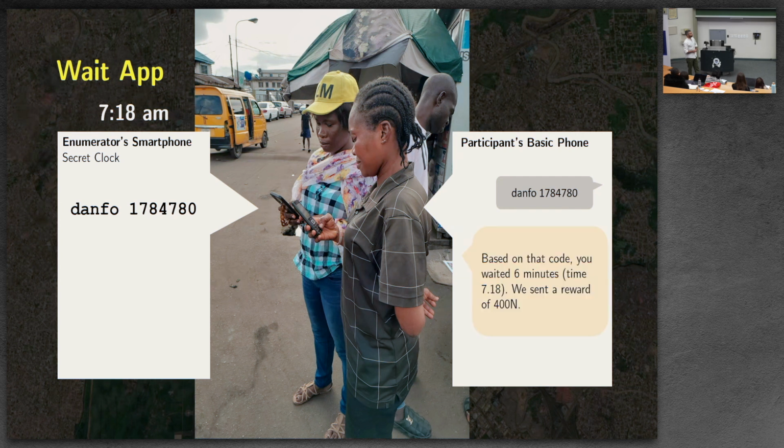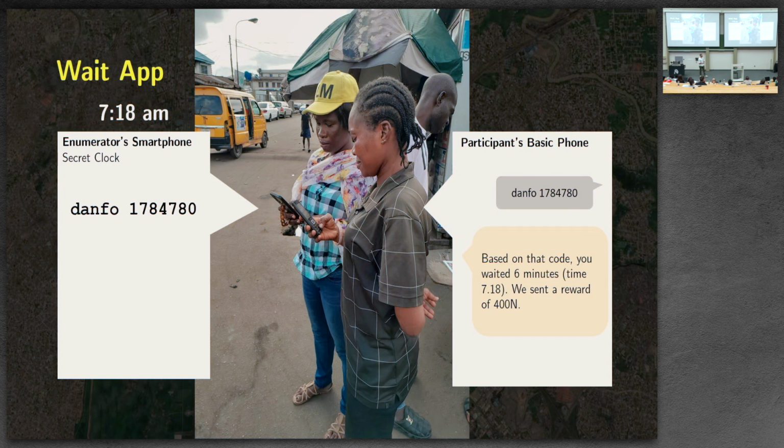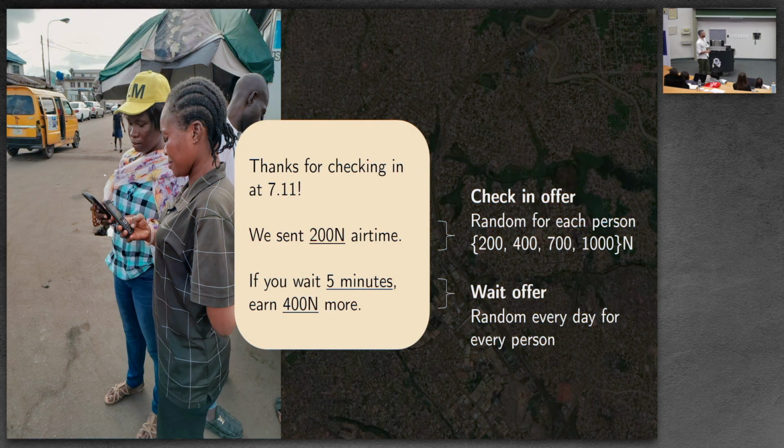In this case, this participant decides that, look, my 5 minutes are worth 400 naira, so I'm going to accept this offer. How do we verify that she accepts the offer? She has to text us the code that's displayed at least 5 minutes afterwards, right? So in this case, she waits for 6 minutes, she texts the code, we receive that, and we verify that she's accepted the offer. So we tell her, based on that code, we know you waited 6 minutes, and we've sent you this reward of 400 naira.